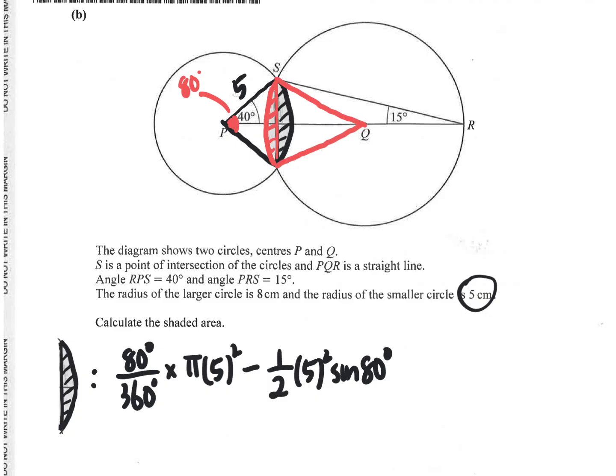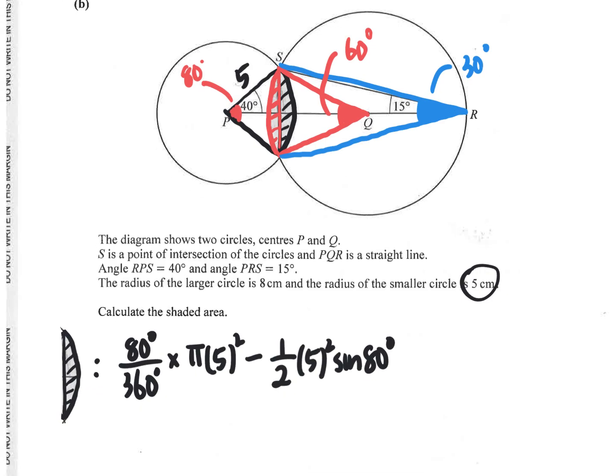If I draw my own sector, I need to have the angle here. This is the angle at the center. What's the angle at the circumference? Not 15. It is 30. So this is 30, means the angle at the center is 60, double. So can you now find that red piece?